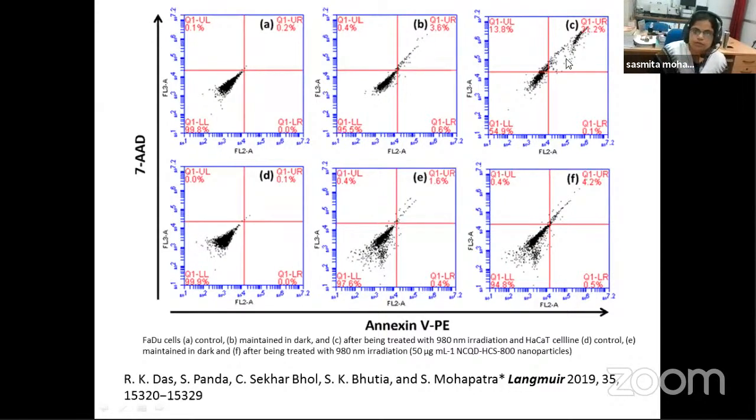You can see here that 31 plus more than 50% gets killed when you expose this, after incubating these carbon particles with cells. If you expose under NIR laser even for a short period, a huge amount of cells are getting damaged. This work was published in Langmuir. Recently, we have done this work in collaboration with Professor Sujit Bhutia in Life Science Department, NIT Rourkela.